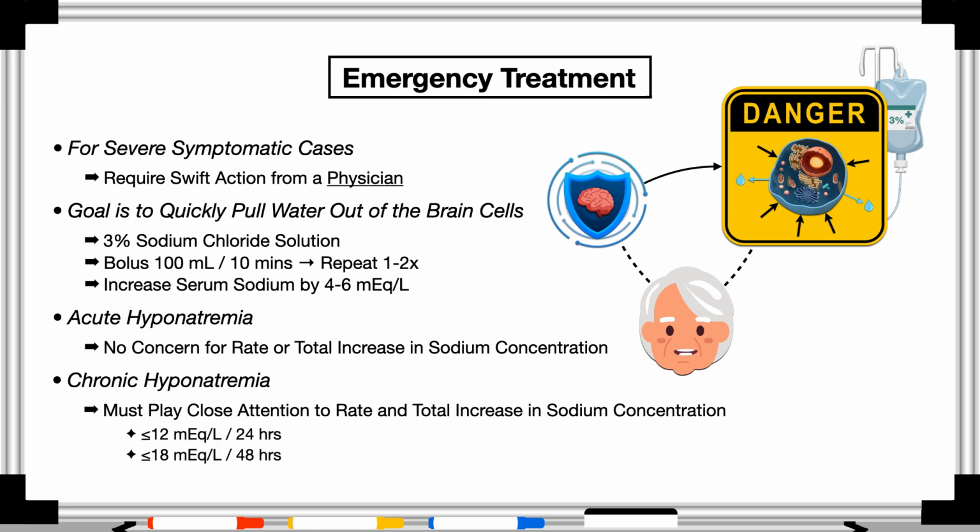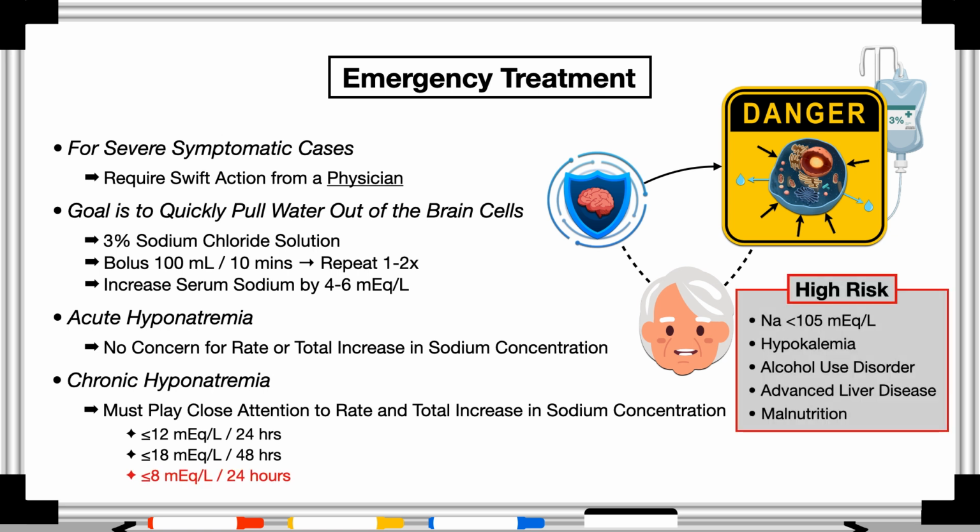Thus, for chronic cases, sodium correction should not exceed 12 milliequivalents per liter over 24 hours or 18 milliequivalents per liter over 48 hours. For patients at very high risk of complications, including those with a sodium concentration less than 105, hypokalemia, alcohol use disorder, advanced liver disease, or malnutrition, sodium correction should not exceed 8 milliequivalents per liter over 24 hours.